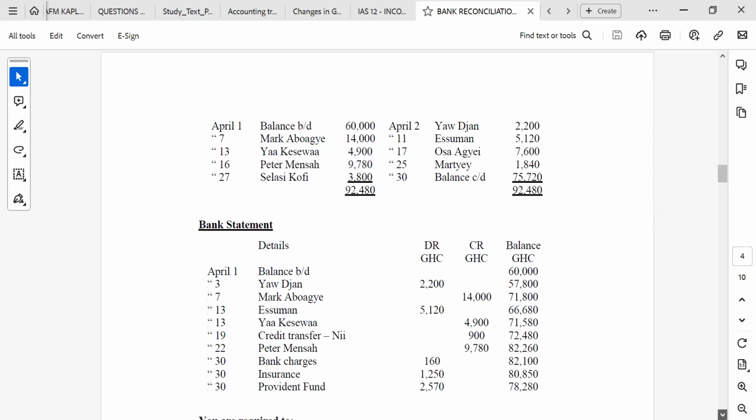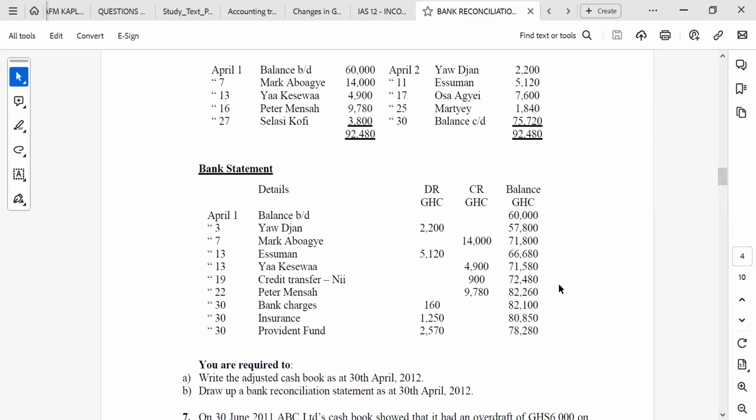So it means that Selassie Kofi has not been captured. 3,800 has not been captured. So that becomes an uncredited check. We have done the transaction, but the bank has not entered anything.